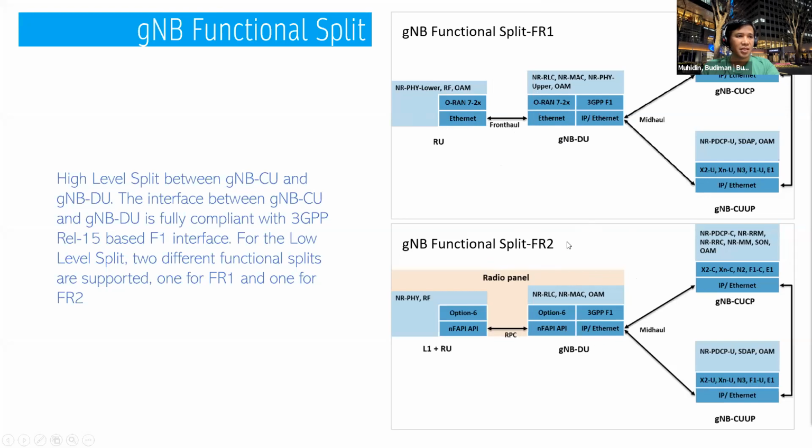In this mmWave frequency, gNodeB DU and RU are combined in one radio panel. We have a vendor for this radio panel, and from DU to CU it is connected by the midhaul F1 interface.